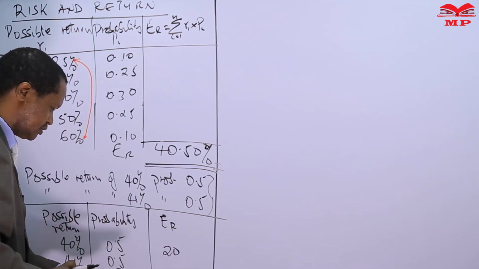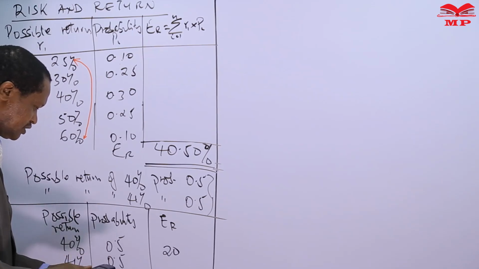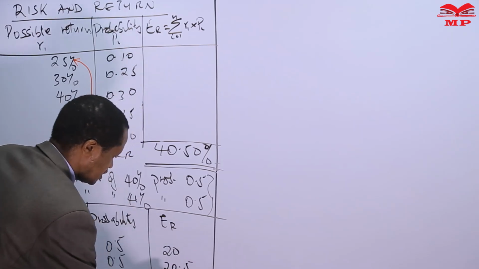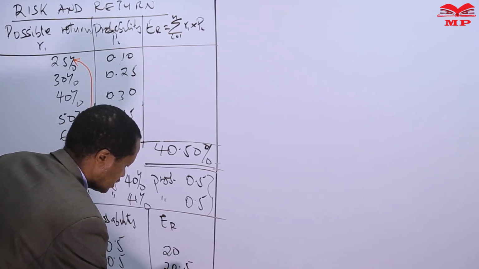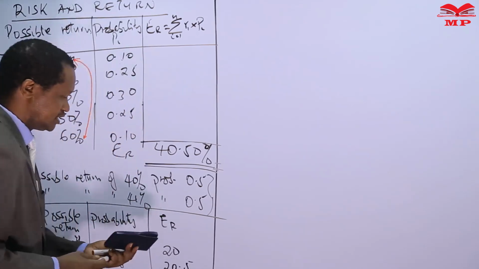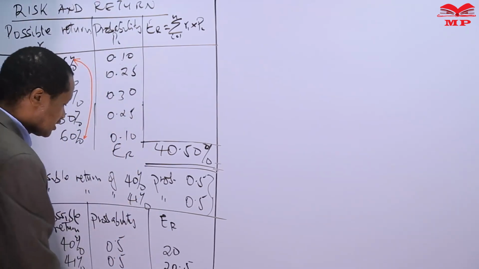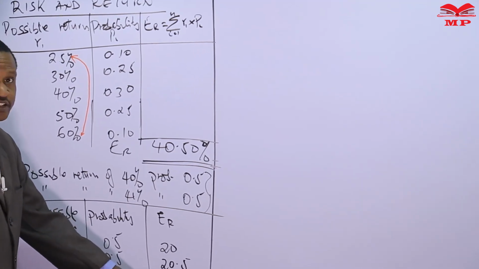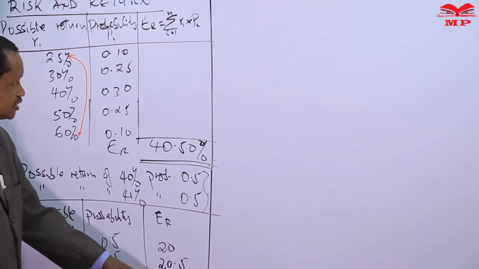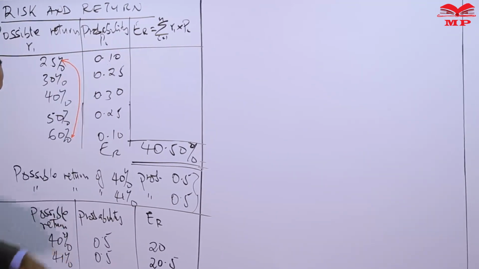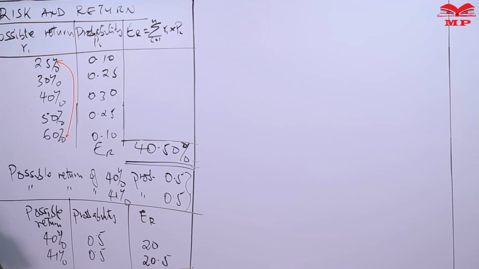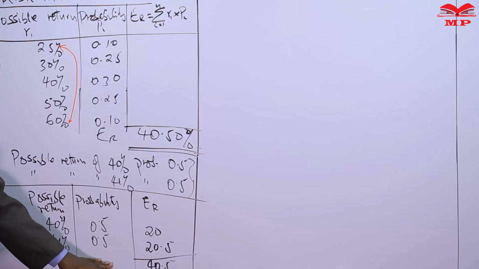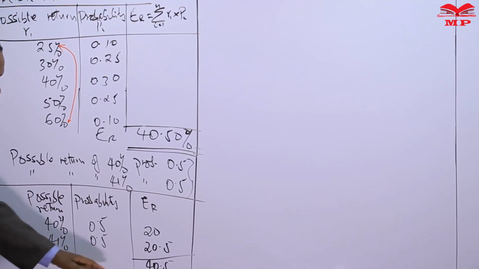Then 41% times 0.5 is 20.5%. The expected return here is 40.5%. You can see with different variations we are arriving at the same expected return. But the difference is that there is a higher variation in the first set of data than the second set of data, meaning that the second set of data is giving us a lower risk.